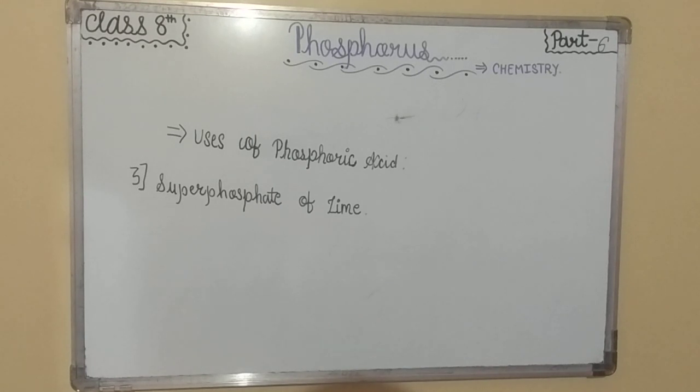This gives Ca(H2PO4)2·H2O + 2CaSO4·2H2O. It is used as a good phosphatic fertilizer.